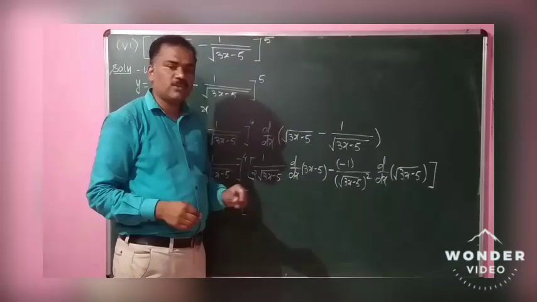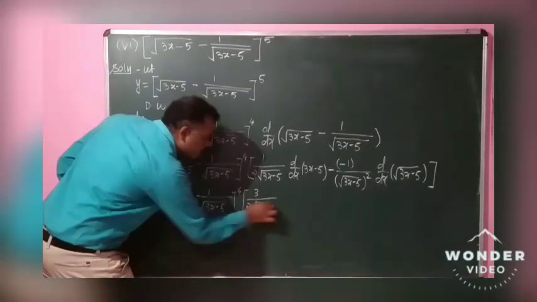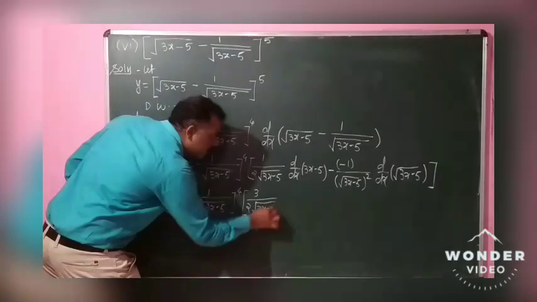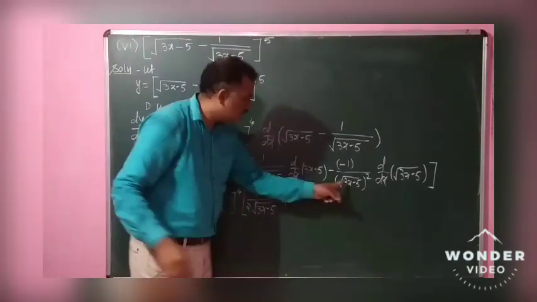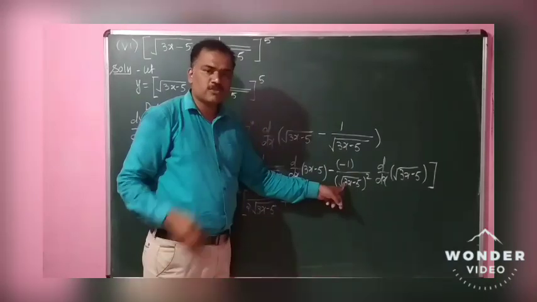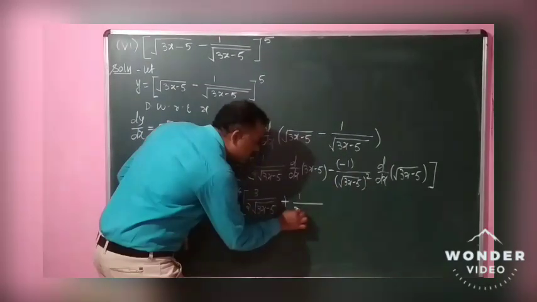That is 3 minus 0, that is 3. We write 3 divided by 2 times the square root of 3x minus 5, and this minus becomes plus. The square root and square get cancelled, so we write 1 upon 3x minus 5.